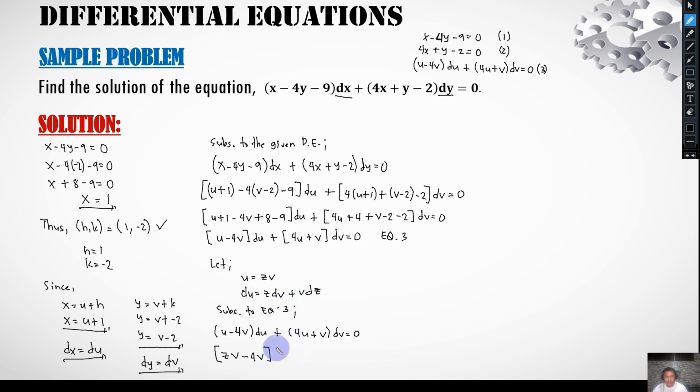Okay, so substitute natin dito, so this is z, and this is dv plus yung v dz, plus ito namang dito, so we have now i-bracket muna natin 4 times u, which is equal to z times v, plus your v quantity times dv is equal now to 0.